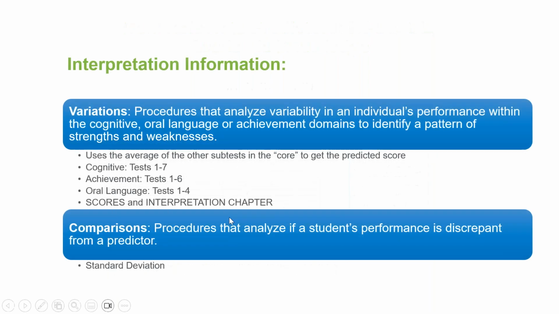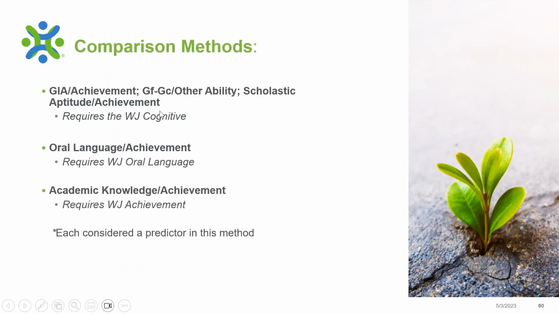So again, it's just going to provide you with some additional information with regards to how the student performed on those reading tasks in relation to their performance on areas that don't require reading. And it's just going to give you that indication of whether there's a red flag there.